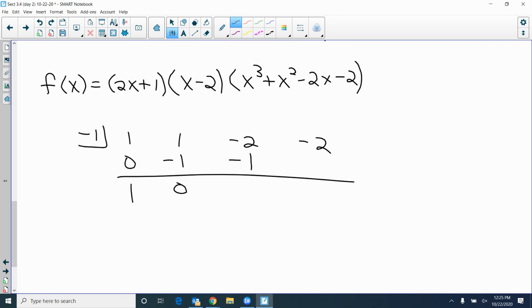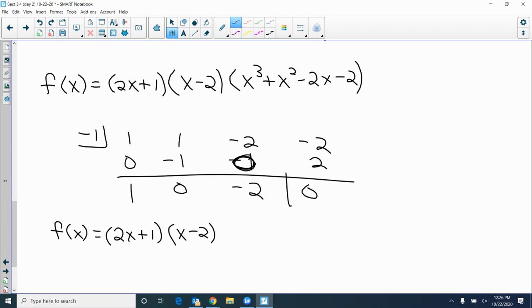I did something wrong. 1, 1, -2, -2. That's a 0. And that's -2, and that's 2, and that's 0. So now I got f of x equals 2x plus 1 times x minus 2 times x plus 1 times x squared minus 2.